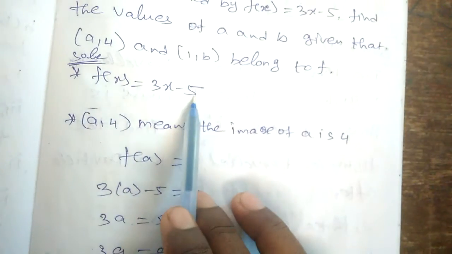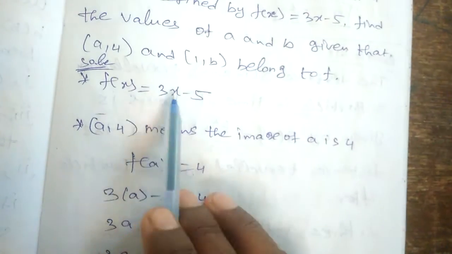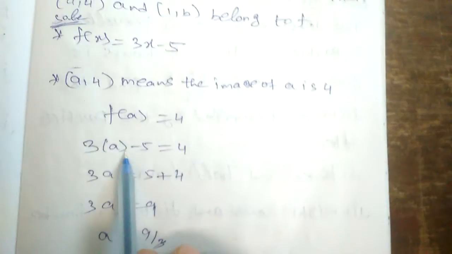Therefore f of a is equal to 4. We already know f of x equals 3x minus 5. We substitute x equal to a. Therefore 3a minus 5 is equal to 4. 3a is equal to 5 plus 4, so 3a is equal to 9, a is equal to 9 by 3, a is equal to 3.